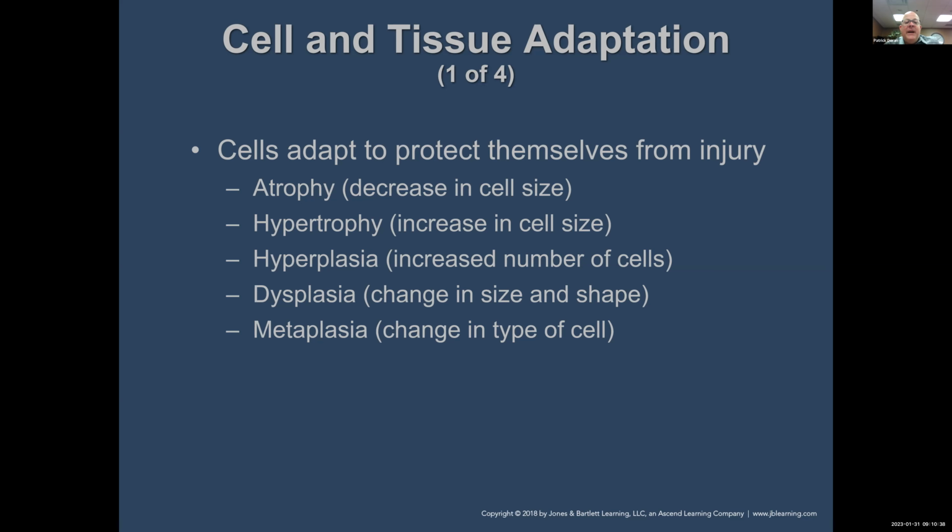Metaplasia is going to be a change in the type of cell. And so that's kind of interesting. You might have cells that take over. And again, that would be in a disease state where the abnormal cells really start to take over.